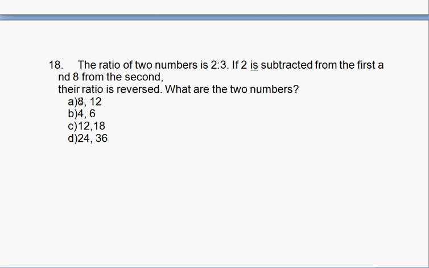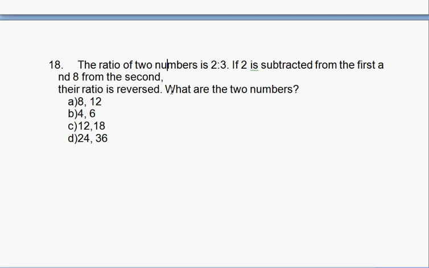All the four: 8:12 can be written as 2:3. 4:6 again can be written as 2:3. 12:18 again can be written as 2:3. 24:36 again 2:3. So all four options are valid from the first statement.